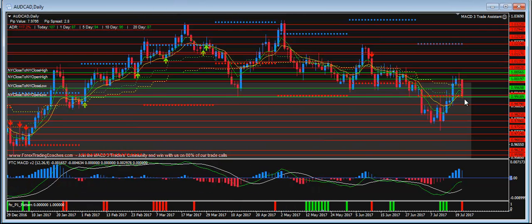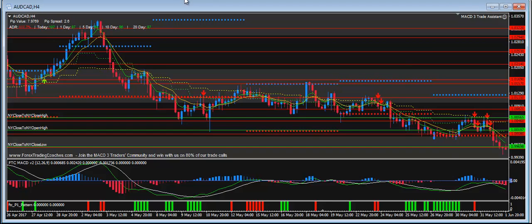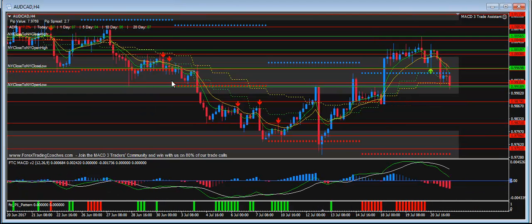And then we have daily, we're coming from kind of a daily sell trade entry with our system. So if we break below this level and get some good speed in the price action, then we could very much follow this path over here and drop down through this region. So the AUDCAD is another one to watch.